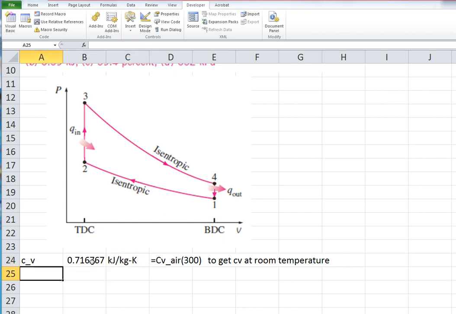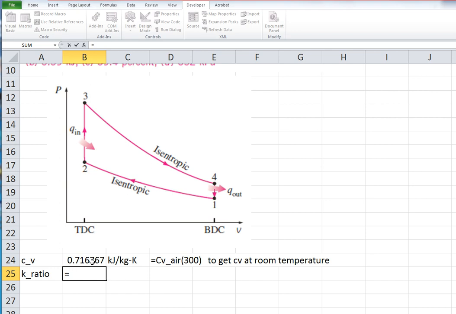We probably will need this ratio. I don't think there's a function for it, so we're just going to have to calculate it.